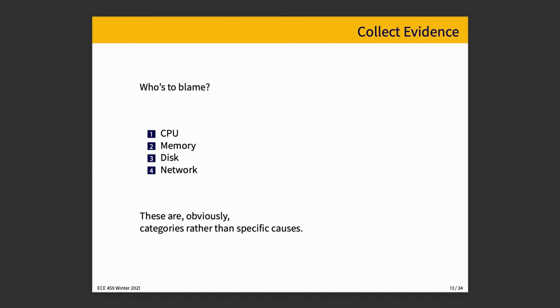At a high level, here are 4 things that we want to examine: CPU, memory, disk, network. They're not in any specific order, and these are categories rather than specific causes. This is not Clue, the CPU did it with the lead pipe in the library.